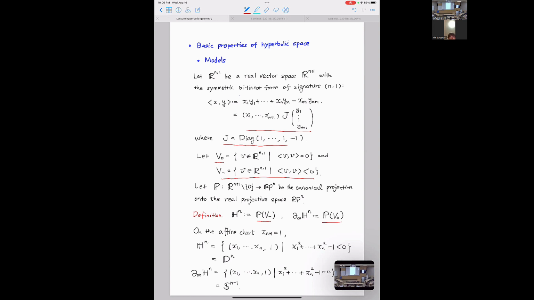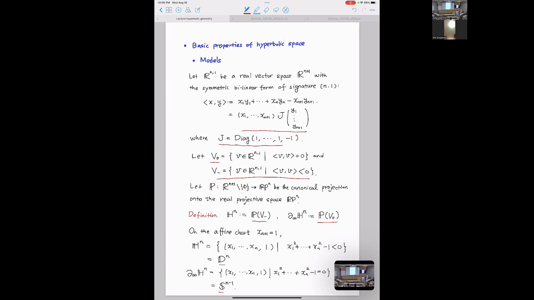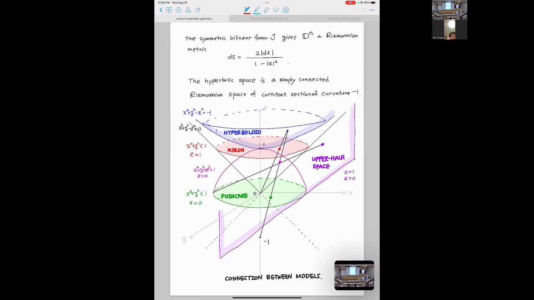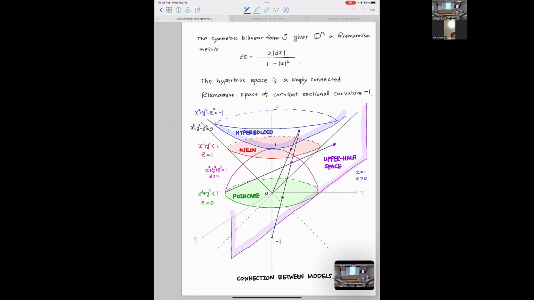Okay. Then on the affine chart x_{n+1} equal to 1, you can easily see that hyperbolic space is the unit ball, and the boundary of hyperbolic space is the (n-1)-sphere.